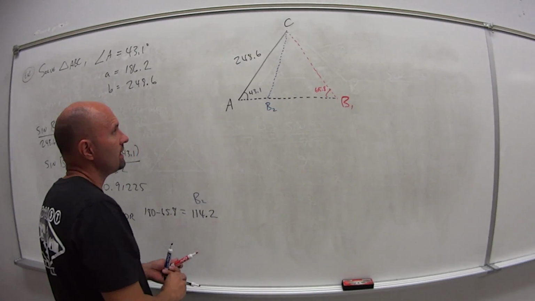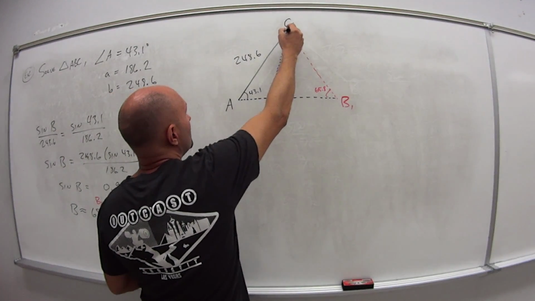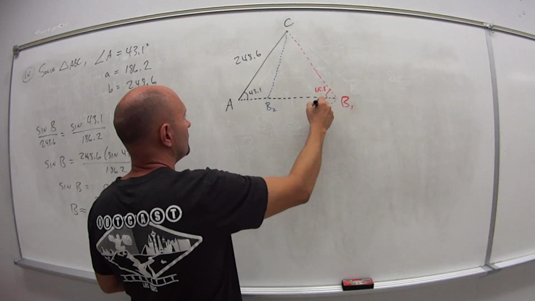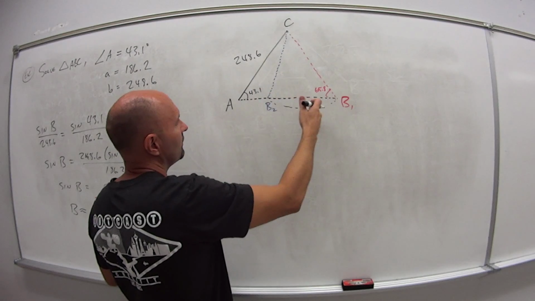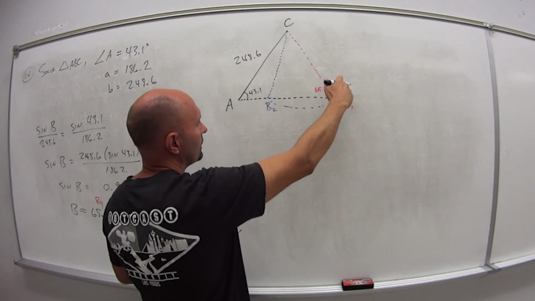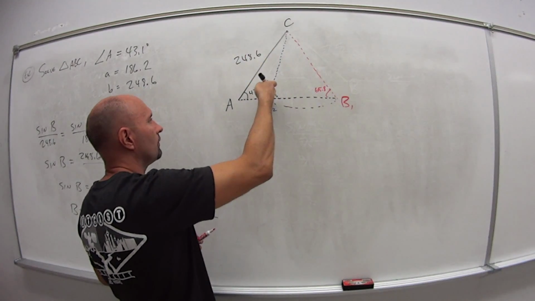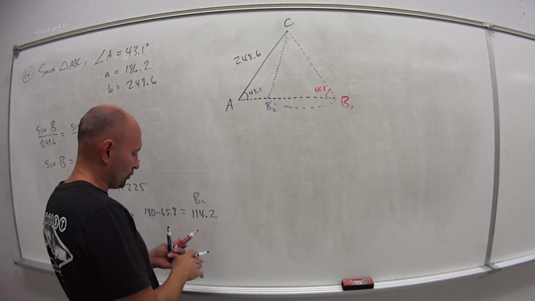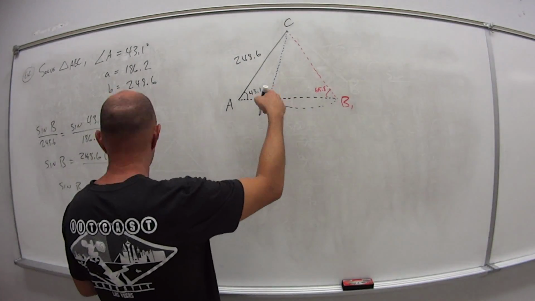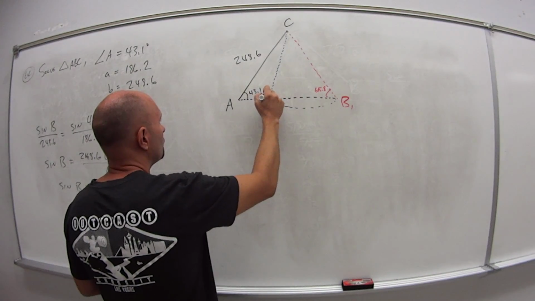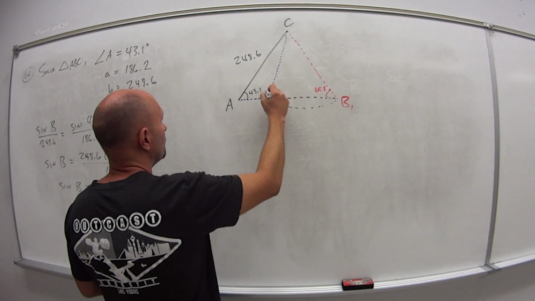And you can see if this thing was attached up here at point C and this line just swung back and forth like a pendulum on a clock, it could basically hit at 2 points. It could hit over here at B1, it could hit over here at B2. And the numbers would still work out using law of sines to give us those values. And so B2 we say is 114.2.